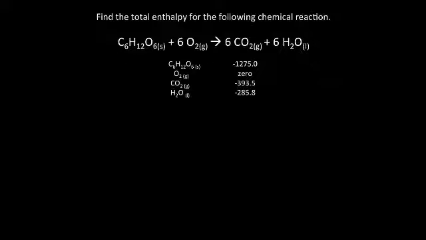Okay, here we go. We'll go ahead and do an example for you. Find the total enthalpy for the following chemical reaction. We've got glucose burning in oxygen with CO2 and H2O as the products.